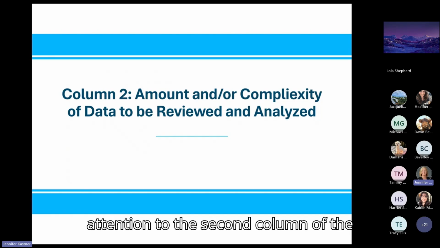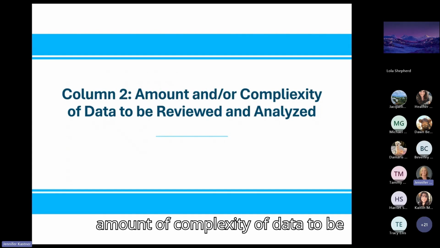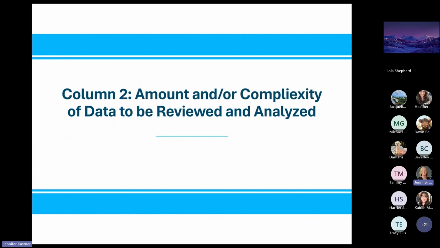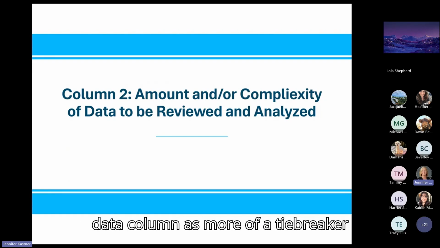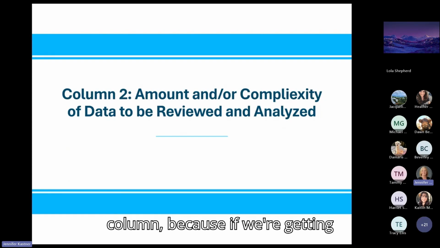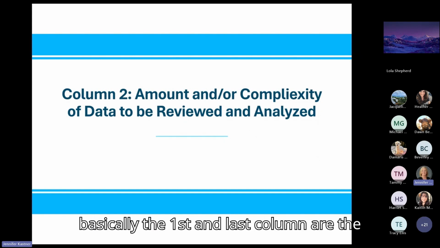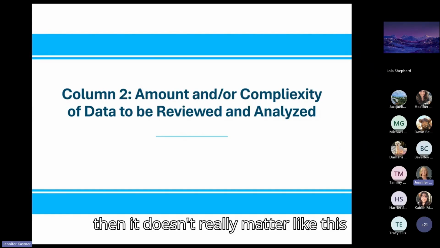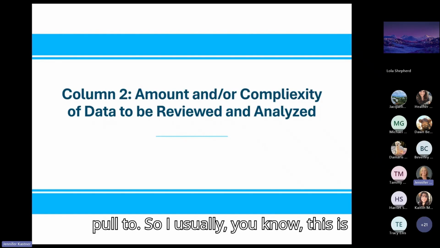Now we're going to put our attention to the second column of the medical decision making, and that is the amount and complexity of data to be reviewed and analyzed. From an auditor perspective, a little Cliff Notes version is that sometimes I use the data column as more of a tiebreaker column, because if the first and last column are the same, like a moderate and a moderate, then it doesn't really matter what this column pulls to.